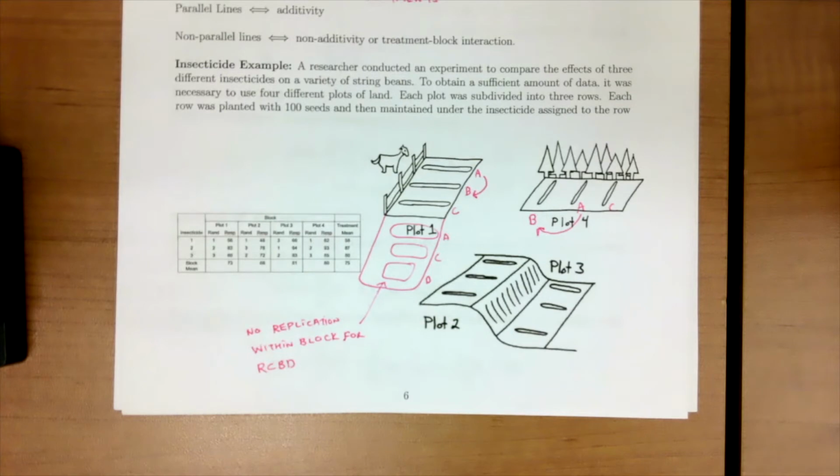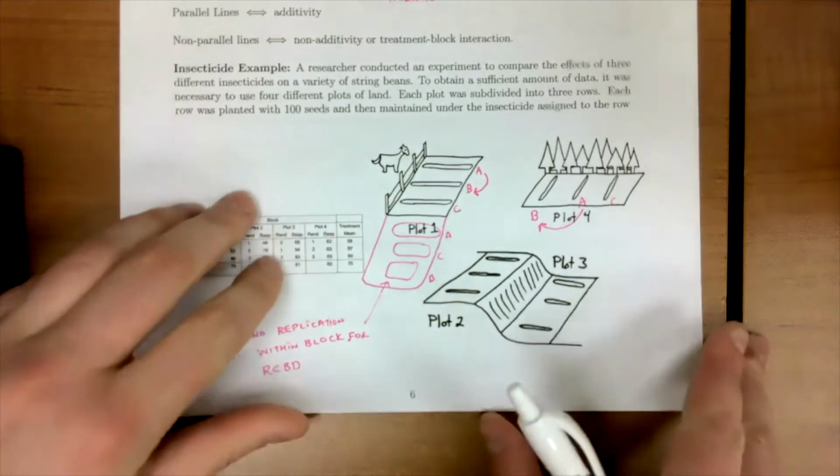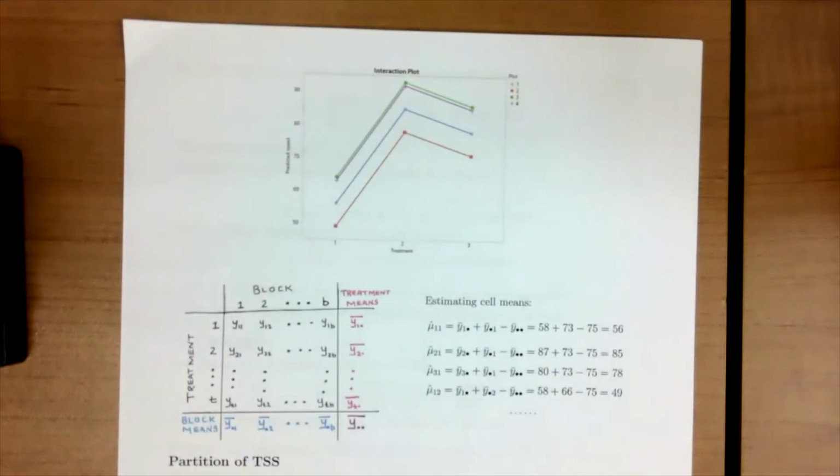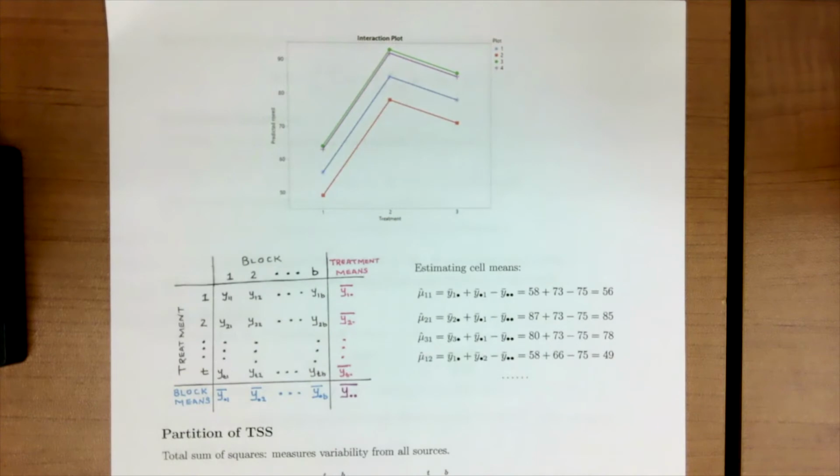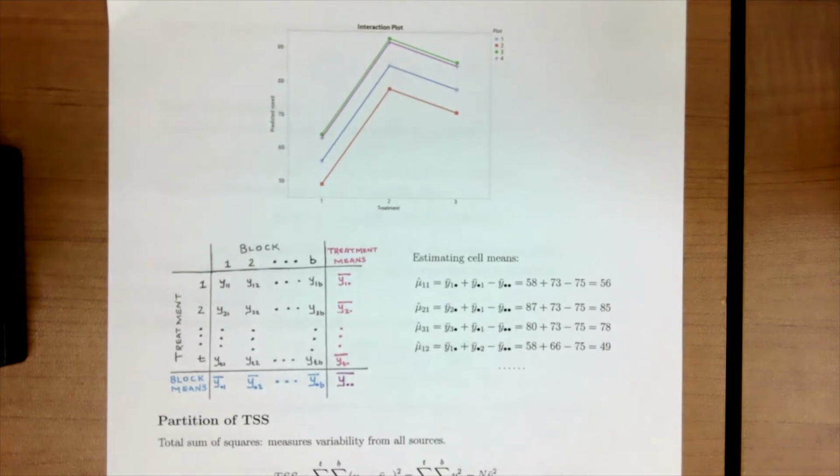And okay, in relation to the insecticide problem, this interaction plot is a plot that I generated in JMP. I'll show you how to do it in JMP and R if you watch those videos.